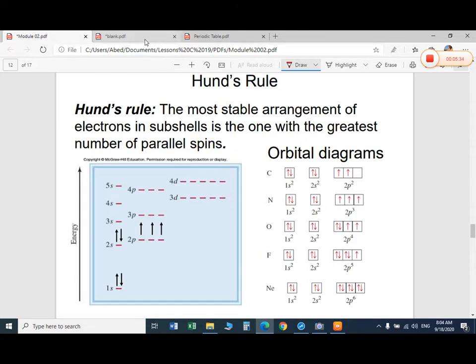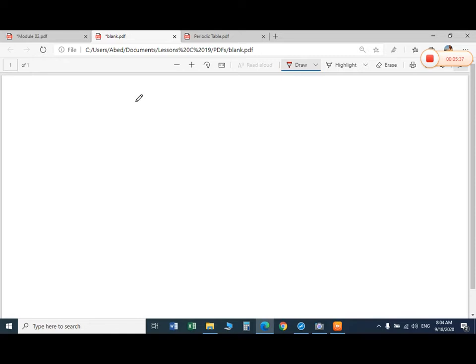So let's start with carbon. Carbon has 6 electrons in the atom, and the long configuration will be like this: 1s2, 2s2, and 2p2.